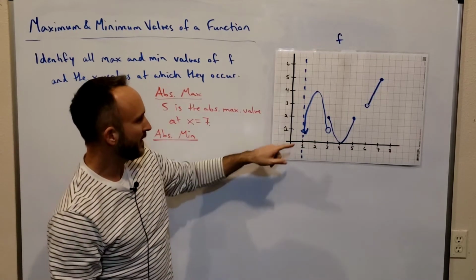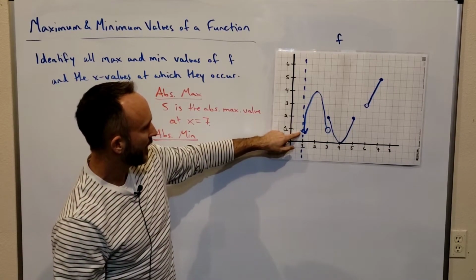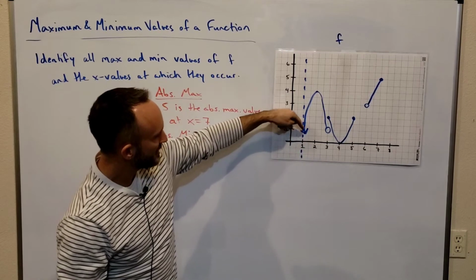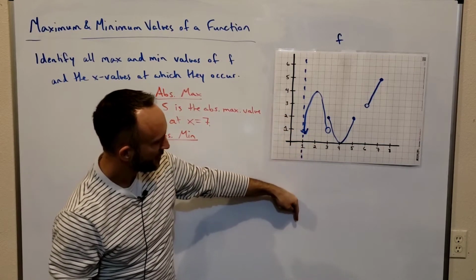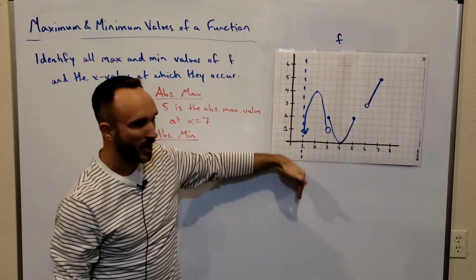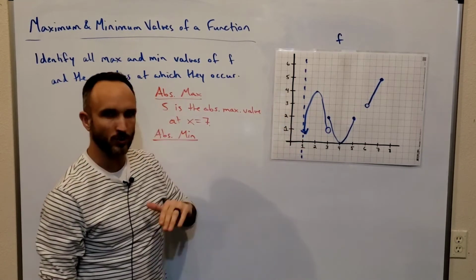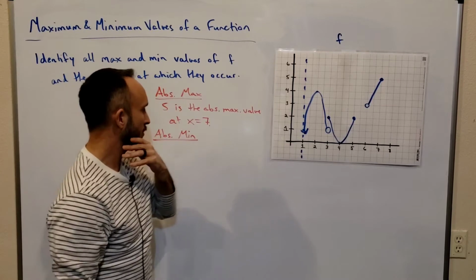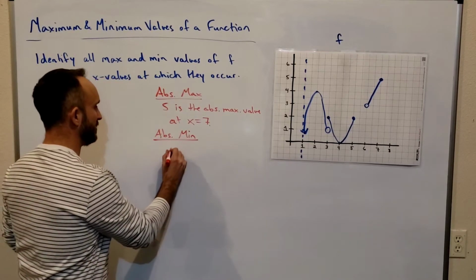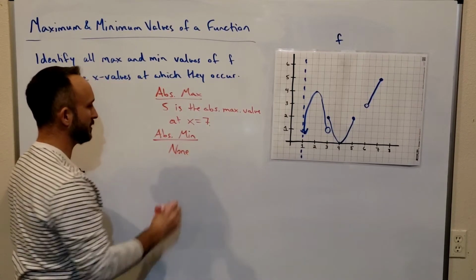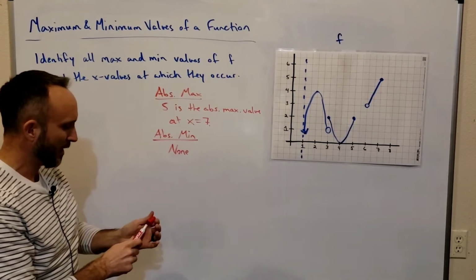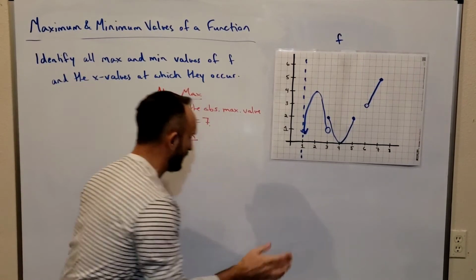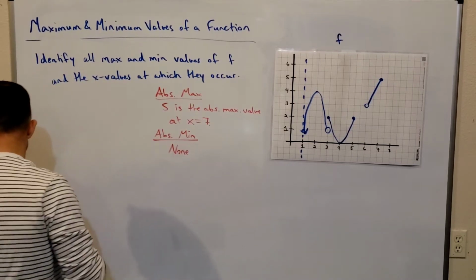But the problem is, over here on this part of our graph, we have an arrow that goes down and doesn't stop. It keeps getting infinitely close to this asymptote. So it's never going to reach a bottom. We're never going to have a lowest y value in this particular graph. So there is none. There is no absolute minimum. Okay? All right, let's talk about relative. So absolute's pretty easy, but let's talk about relative now.